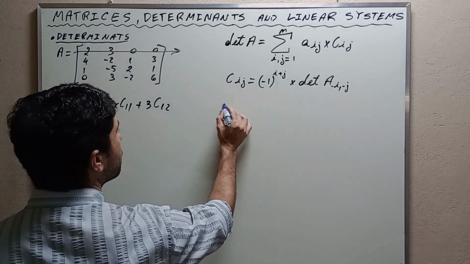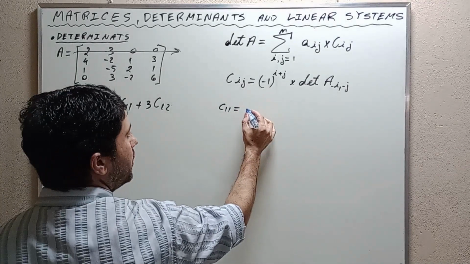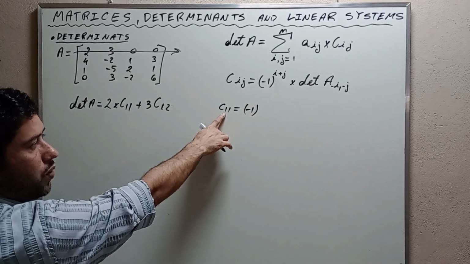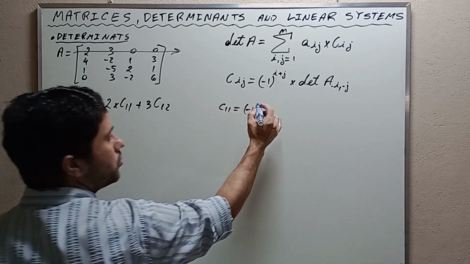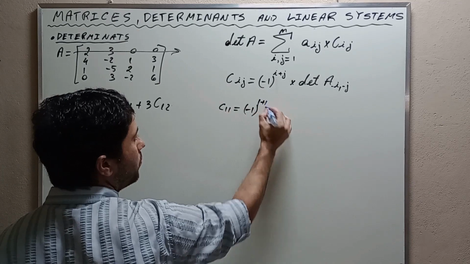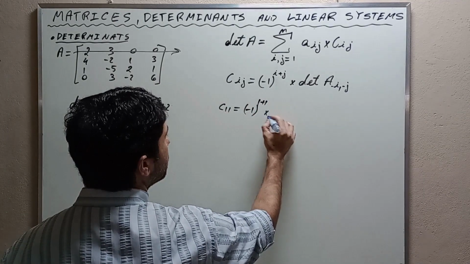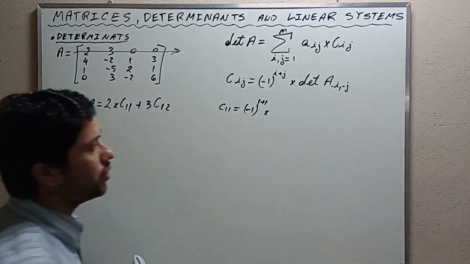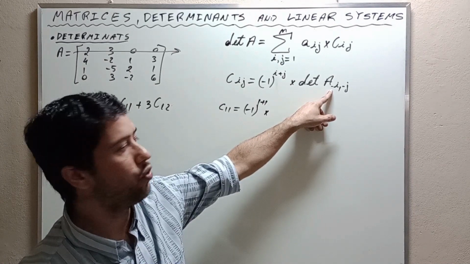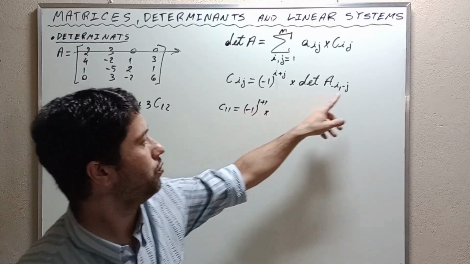C11 will be equal to negative 1, where i represents the row, which is 1, and j represents the column, which is 1 as well, times the determinant of the matrix in which we remove row 1 and column 1.